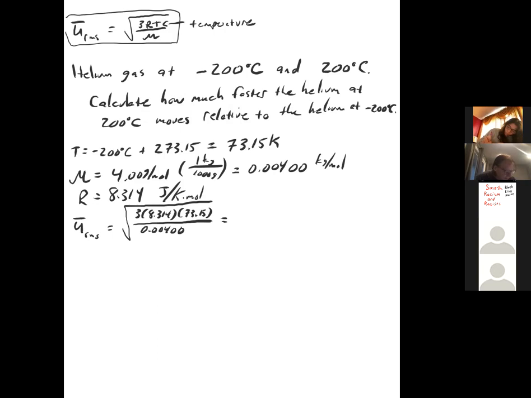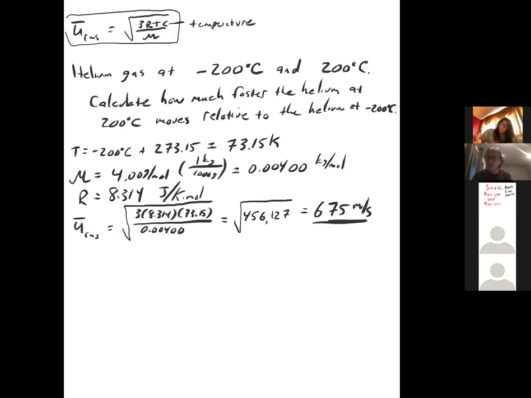You get the square root of 456,127. The square root of that is equal to 675 meters per second.